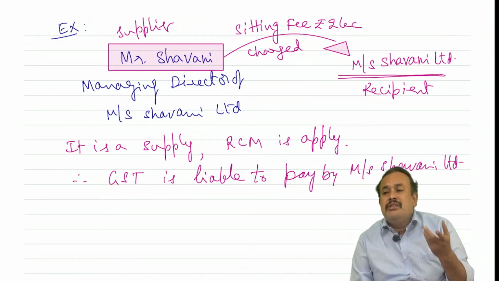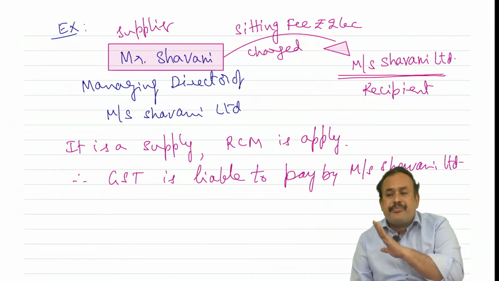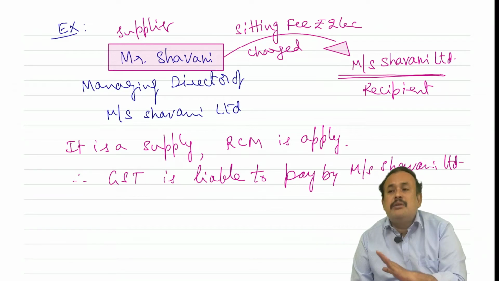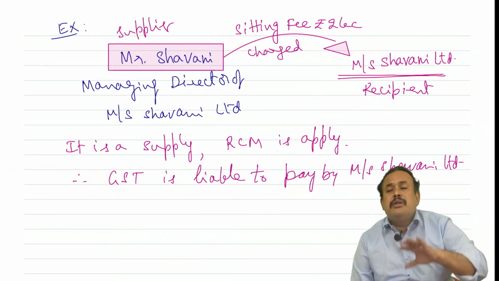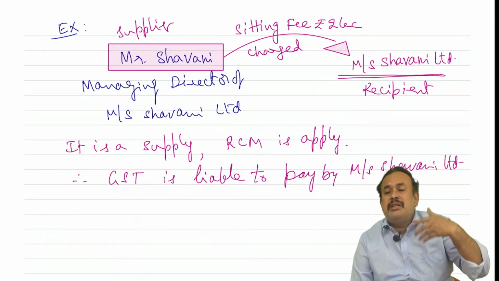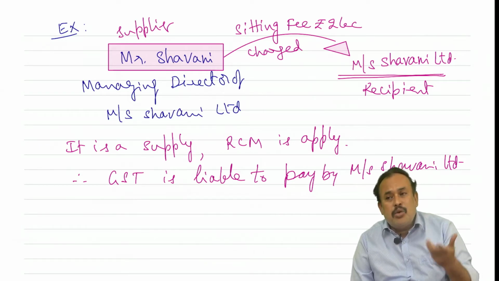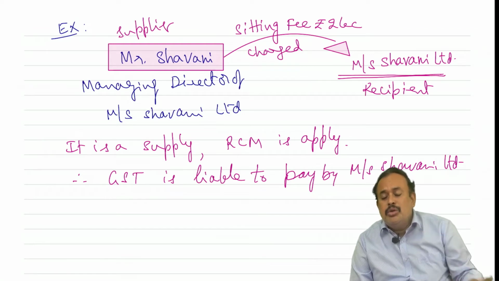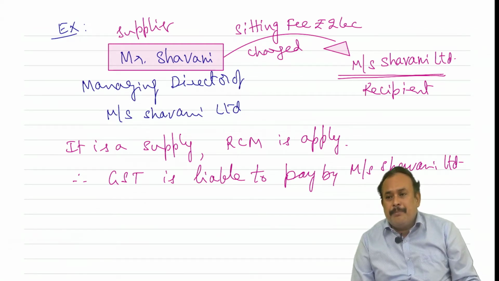It is in the course of his employment, resulting in it being covered under Schedule 3. Therefore, supply excludes the transaction supplied by a director in the course of employment to the employer.